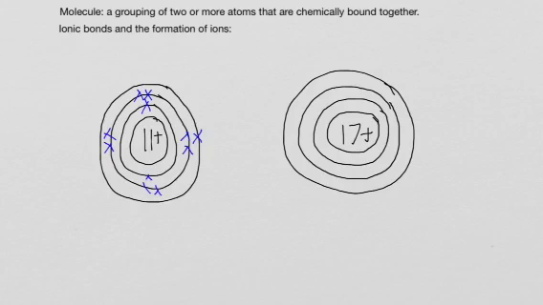Now we're going to look at chlorine, which is a halogen, which means that it has 7 valence electrons. So we will fill this out. Now, in its outermost shell, it has 7.